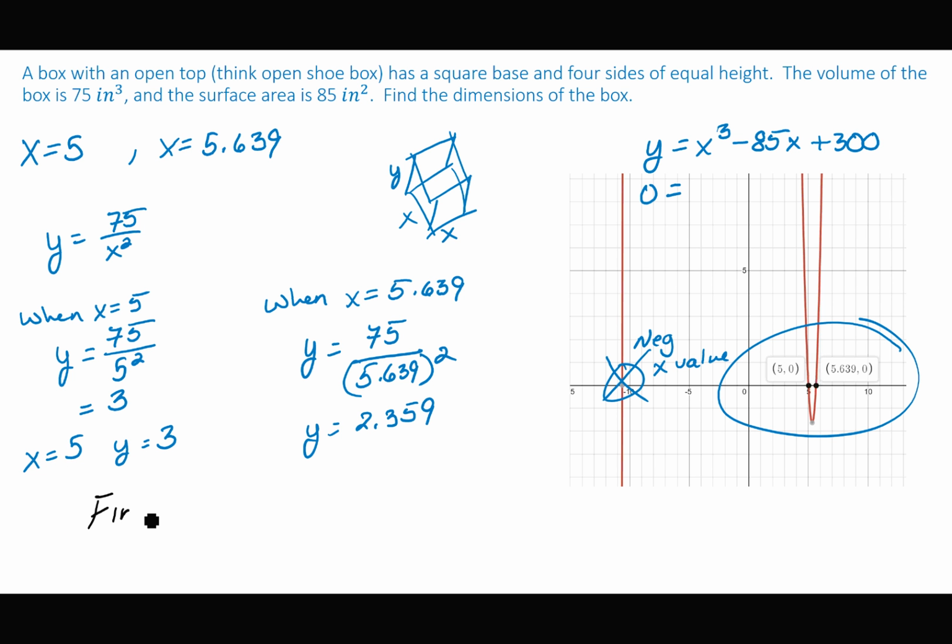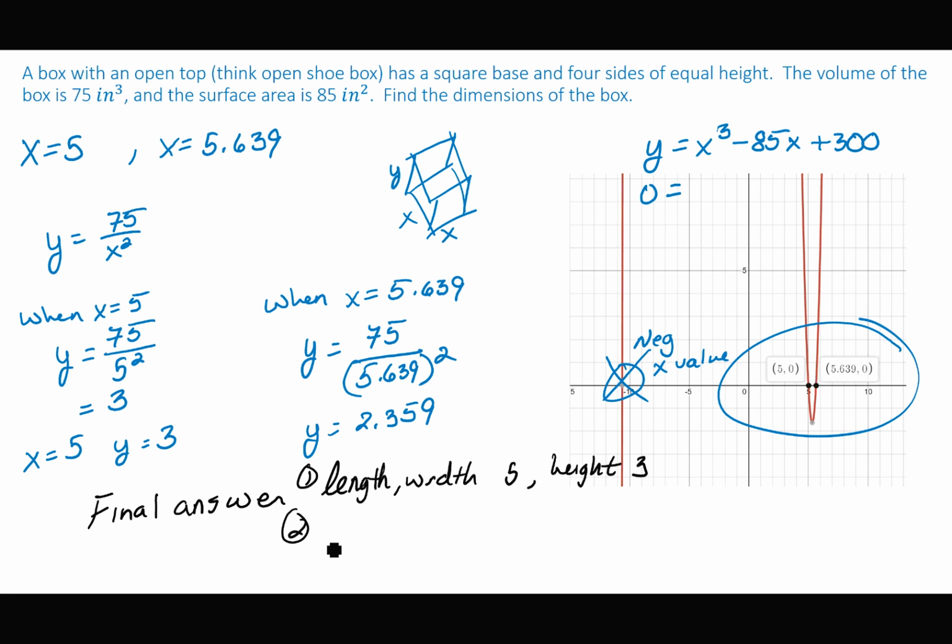So for my final answer, when they ask for the dimensions, I can have my length and my width, which I'm representing with x, be 5. My height will be 3. That's one solution.